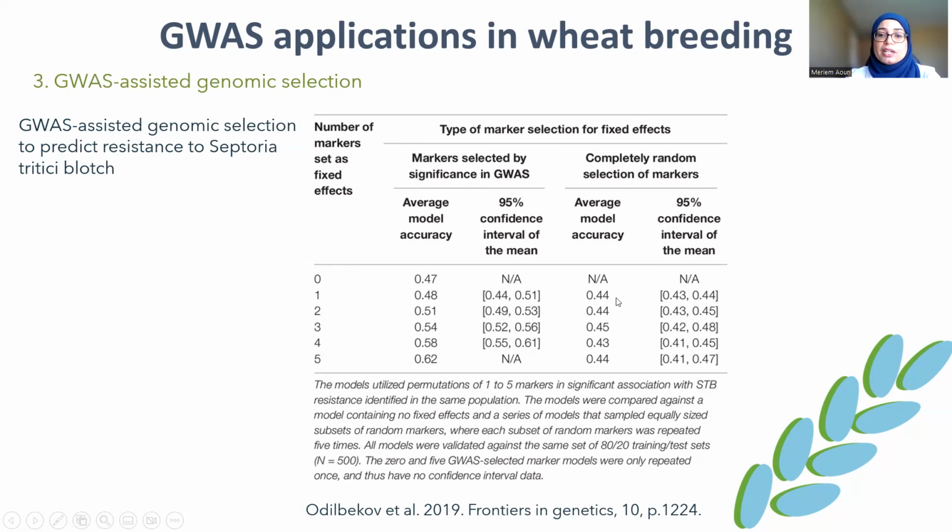In the randomly selected markers, you don't see any improvement in your prediction accuracy. This is R equals 0.44. While in the case where you included markers that are significantly associated in the GWAS as fixed effects, you can see this increase in the prediction accuracies as you increase the number of markers. So the accuracy went from 0.47, where no markers were included as fixed effects from the GWAS, to 0.62 when 5 markers that were associated with Septoria tritici blotch were included.